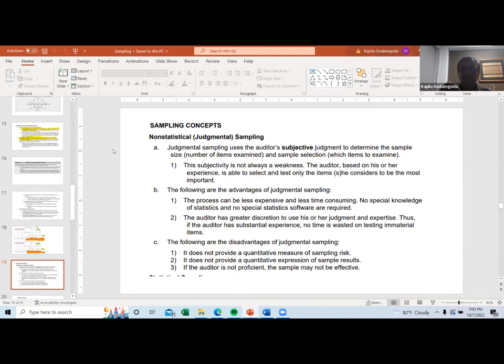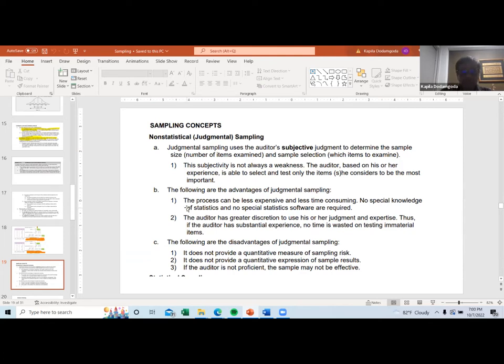It doesn't mean that whenever you use judgment as against a statistical approach, the sample is bad. Judgmental samples are not always bad, because if he is a very experienced auditor, then he or she may use judgment more effectively to pick the right sample. So it is not necessarily a bad case. Sometimes it can even be a better and more efficient approach.